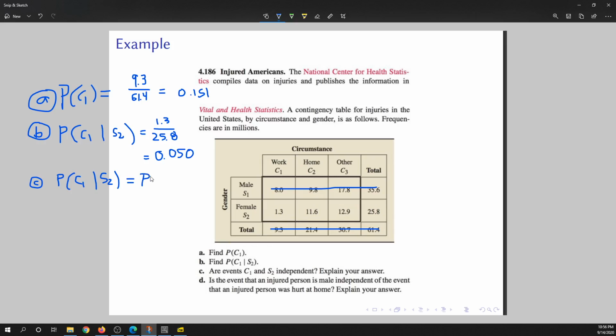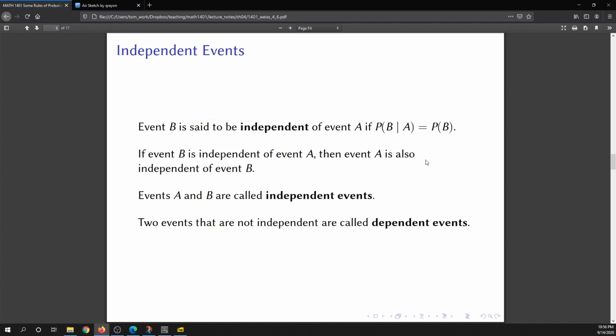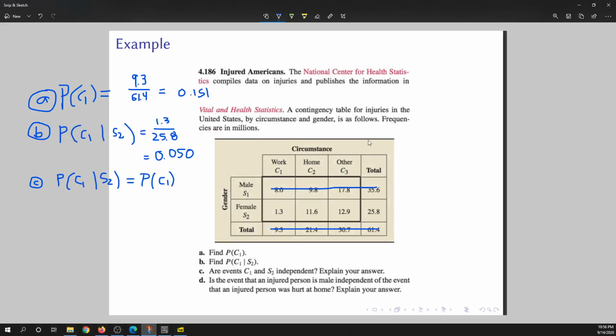If you go back and look at the definition of what it means for two events to be independent: event B is said to be independent of event A if the probability of B given A equals the probability of B. So we're just checking that.